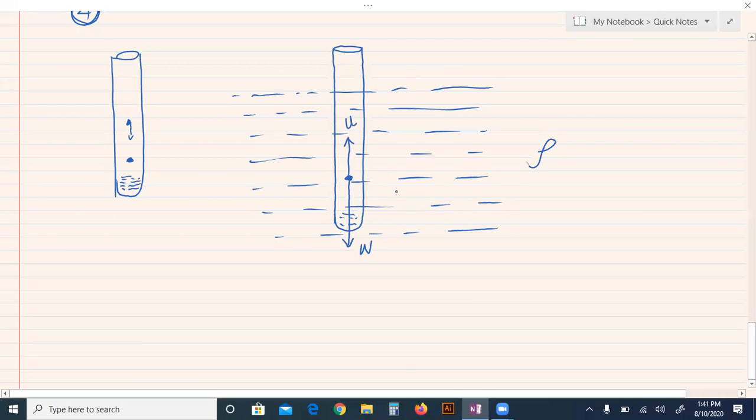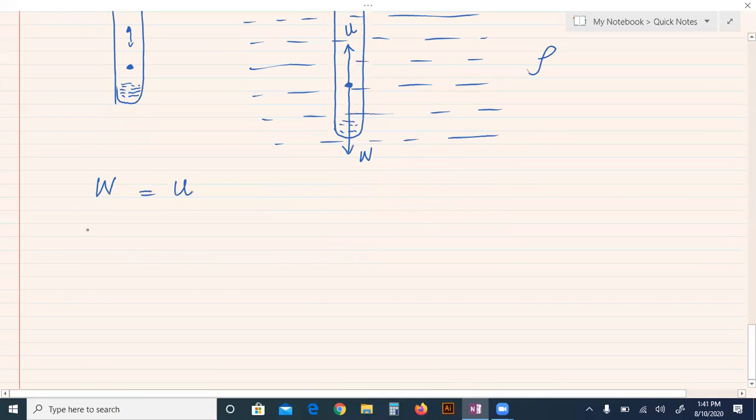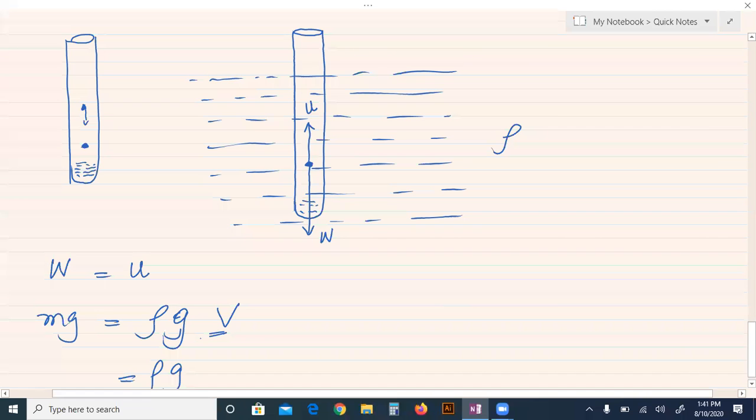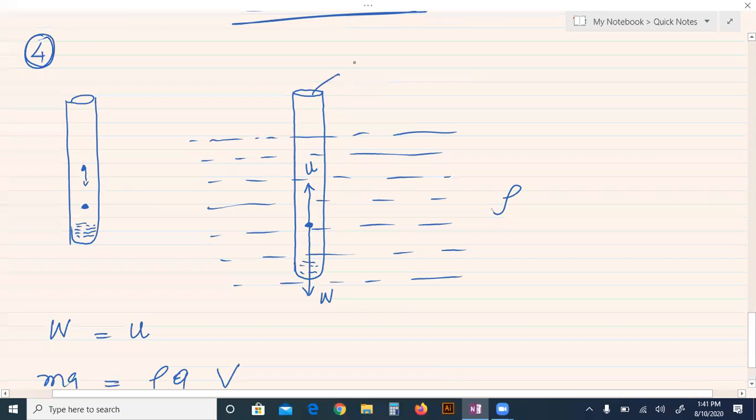Look, in this equilibrium situation, both forces are equal. Weight is mg, and the upthrust, which we have done in AS, is rho g into volume. Rho is the density of the liquid, g, and the volume displaced will be equal to the area of the tube times the depth of the tube inside the liquid.